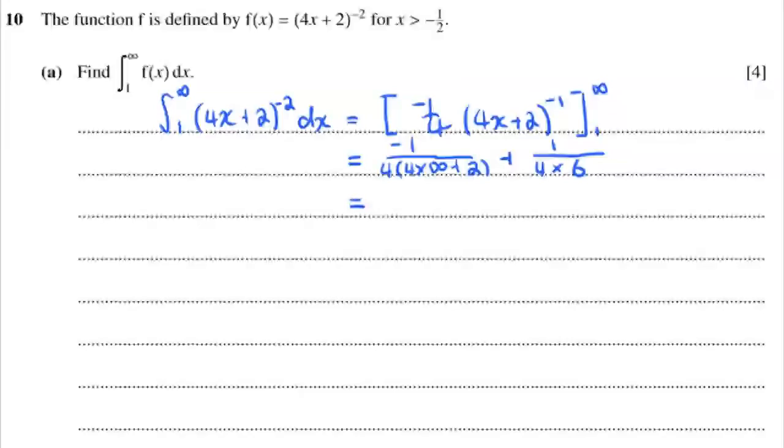We can say that, but what we really mean is as the bottom of a fraction gets larger and larger and larger, the result of the fraction becomes smaller and smaller and smaller. So as you approach infinity, the whole fraction approaches 0. So if we could get to infinity, we would get to 0. So this becomes 0 plus 1 on 6 fours are 24. That's our answer, 1 on 24.